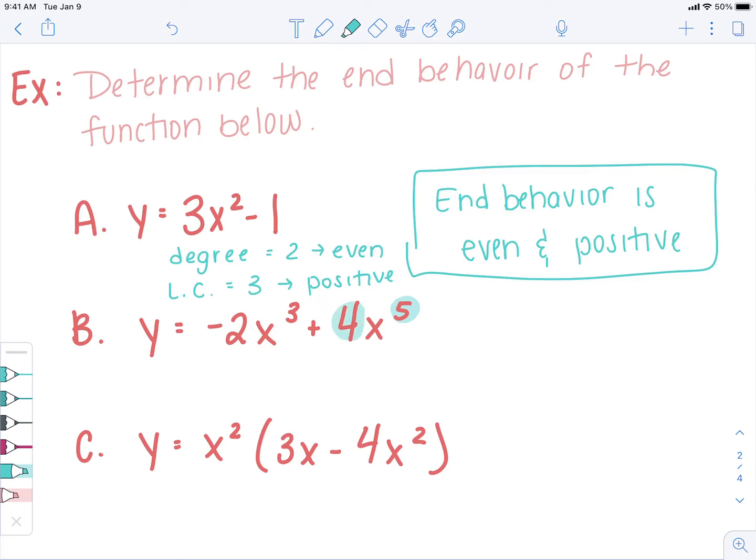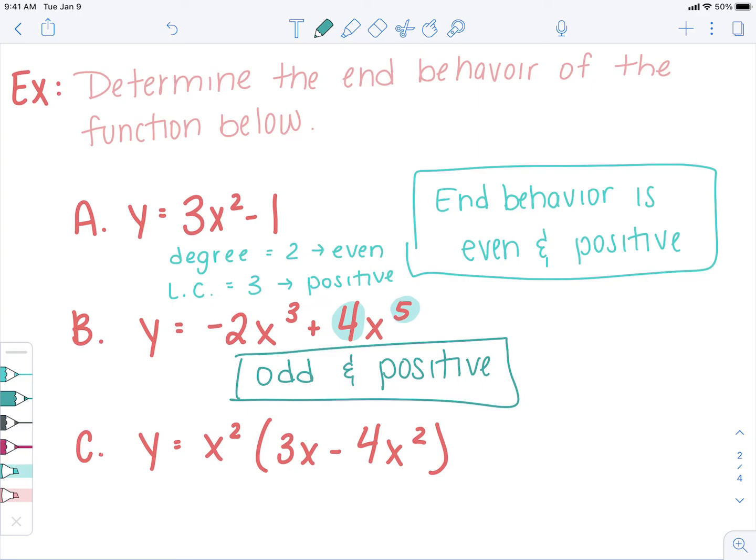I just care positive, negative. Positive. So I've got an odd and positive end behavior. So without even graphing it, now I know it's odd and it's positive. Yes? Cool.